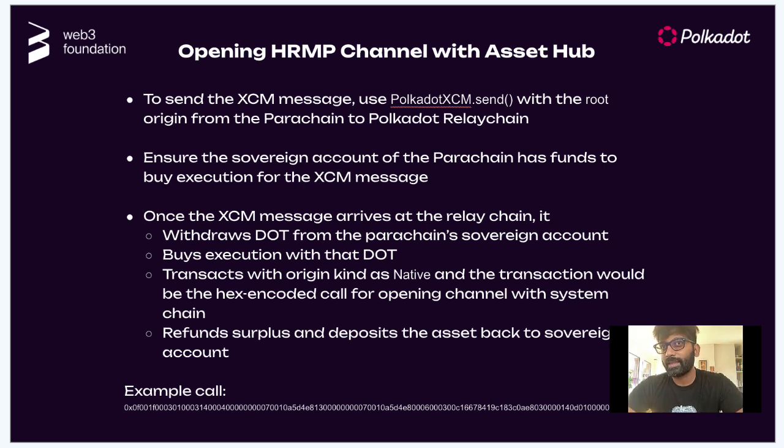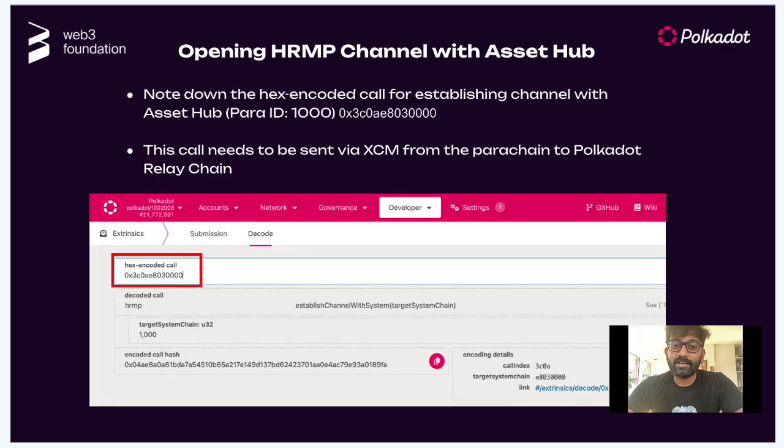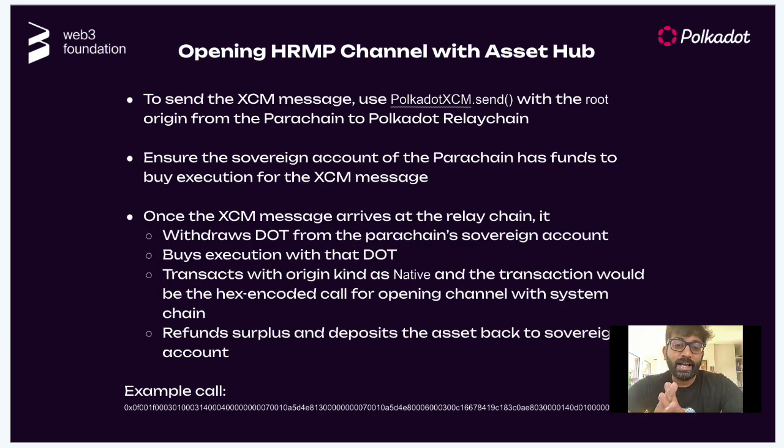This is something I'll show you when constructing the XCM message; you'll have to construct it in this way. So the transaction call, which we noted earlier, we're going to use as the transaction call. And finally, after successful execution of this call, you are going to be refunded any surplus.